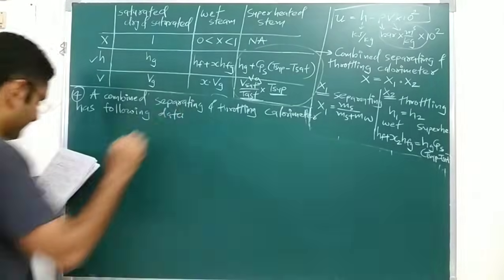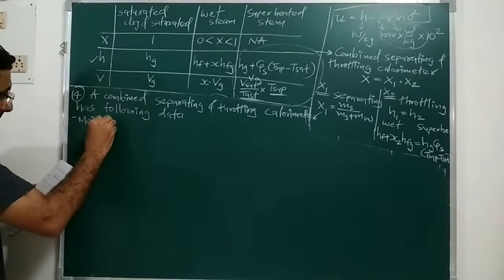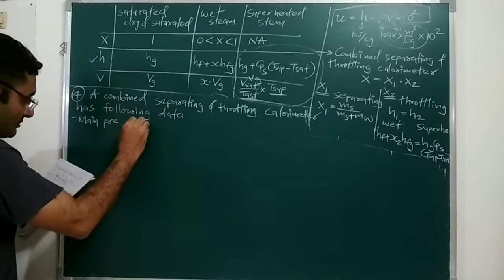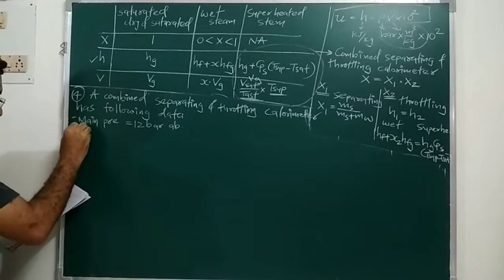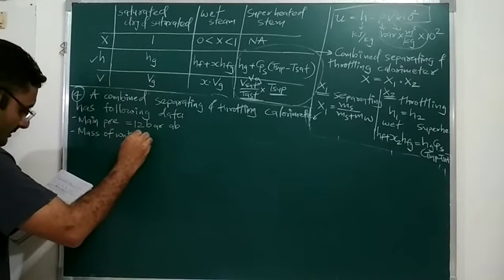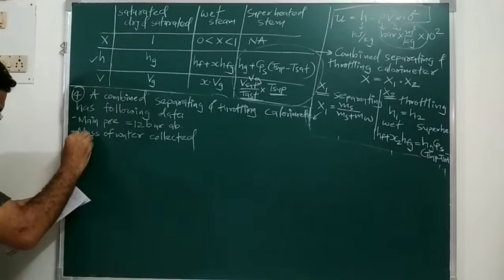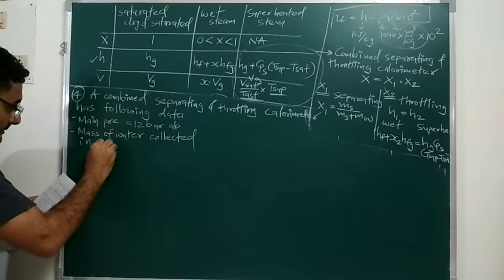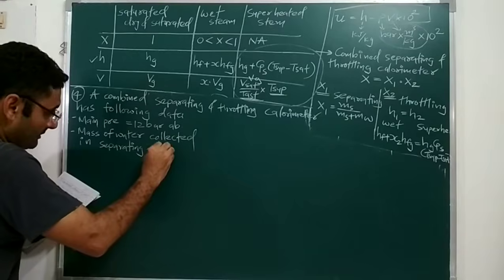Some data are given. First data is main pressure equals 12 bar absolute. Next is mass of water collected in the separating calorimeter.